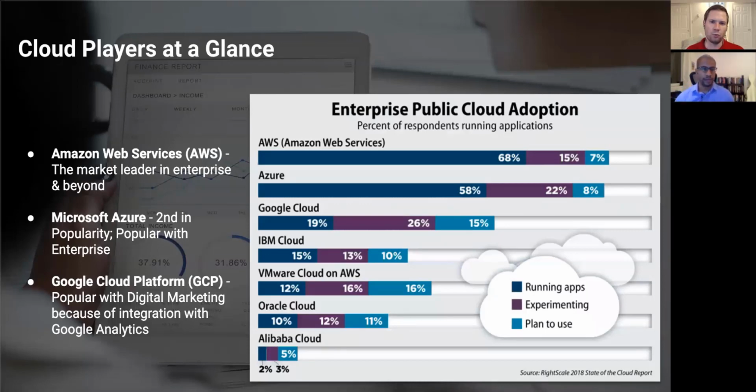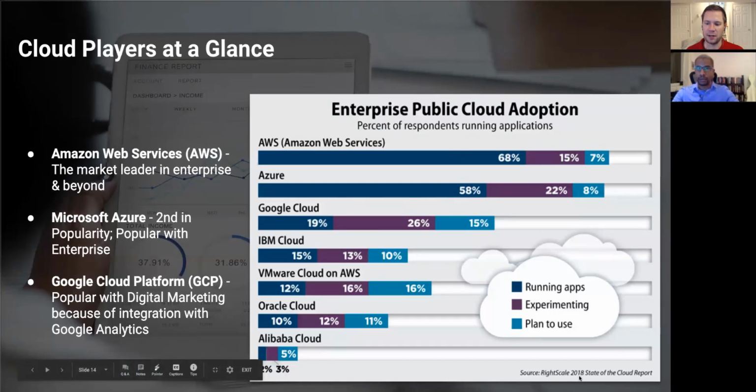So the three biggest cloud players at a glance are Amazon, Microsoft, and Google Cloud Platform. If you're getting into cloud and you want to learn one, you want to pick from one of these three most likely. And you can see that right here. This was a survey run last year by a company called RightScale.